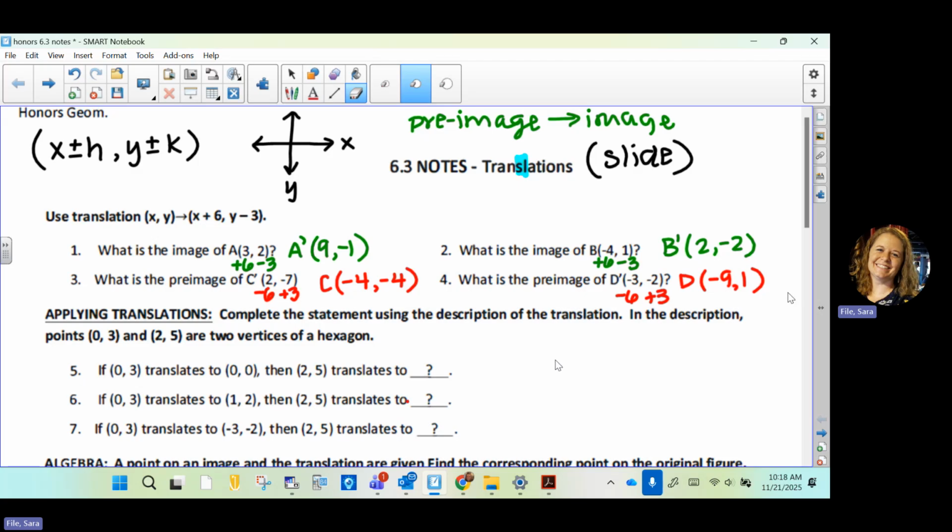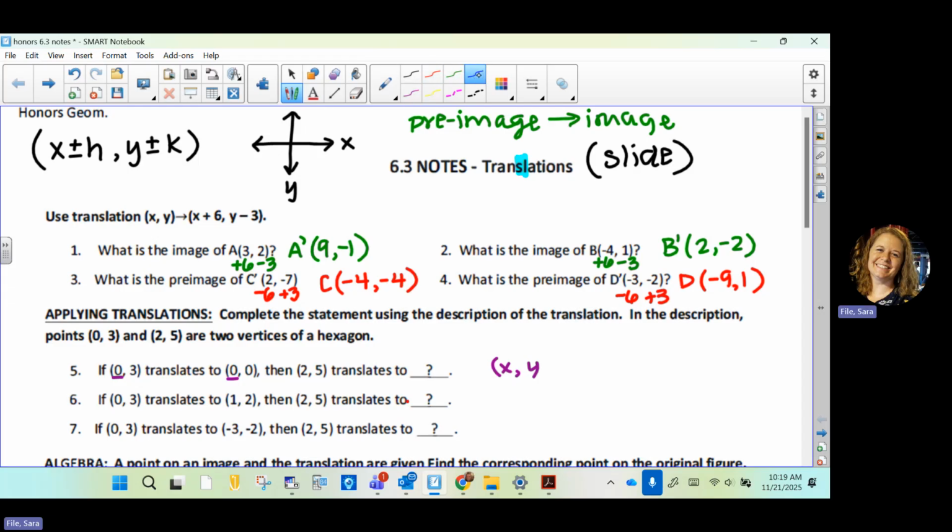Okay, so we're going to look at the change to come up with what the change was and then apply it to the other point. So to get from 0 to 0, it didn't go anywhere. That means nothing happened to the x, so it stayed x.